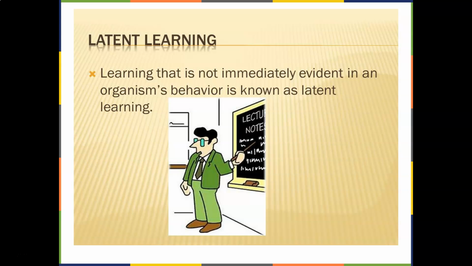And latent learning occurs pretty much for you students on a regular basis in your schooling and studying, because students generally, in a traditional class, sit in their seat and listen to their instructor lecture about the day's learning.